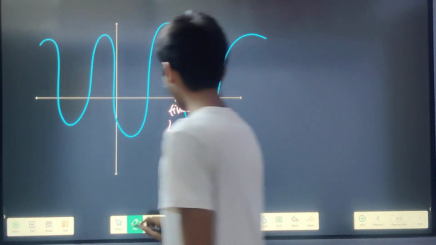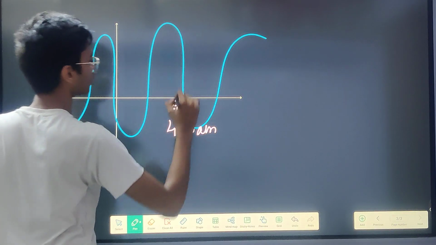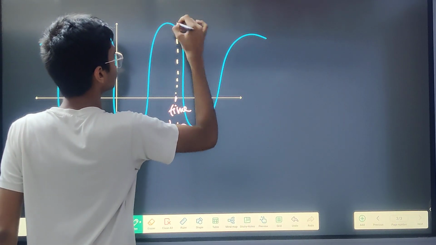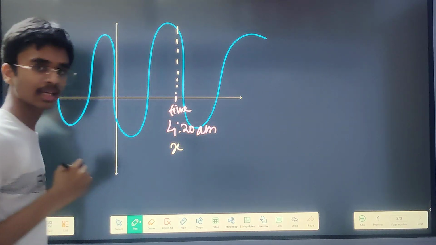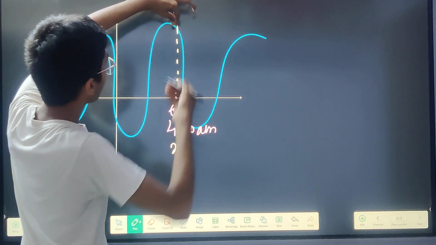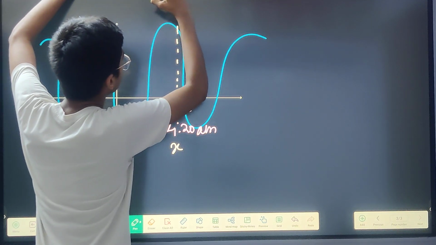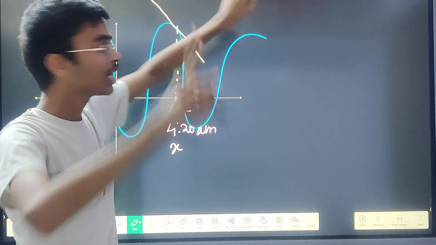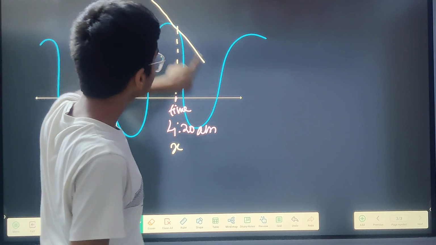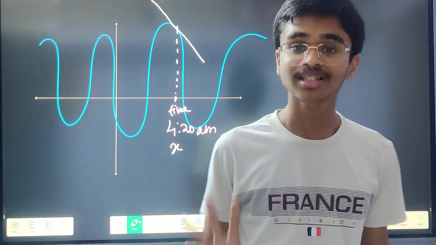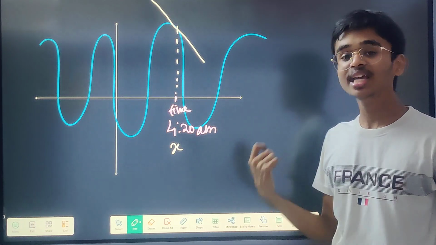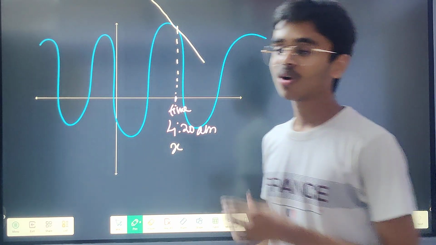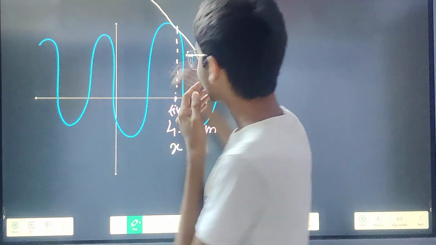So what you have to do is plot exactly over here. Keep this as x. Now you have to plot your tangent over here like this, touching exactly one point. This tangent is the thing that is going to give you the change in the velocity with respect to time, which is going to be your acceleration.